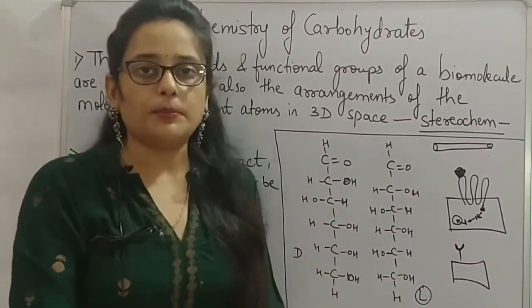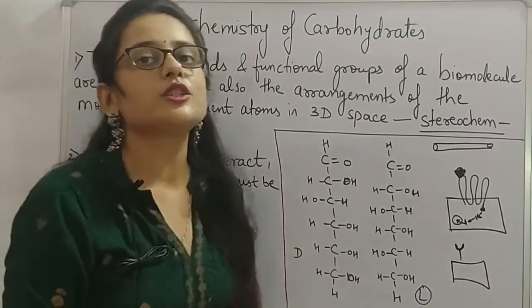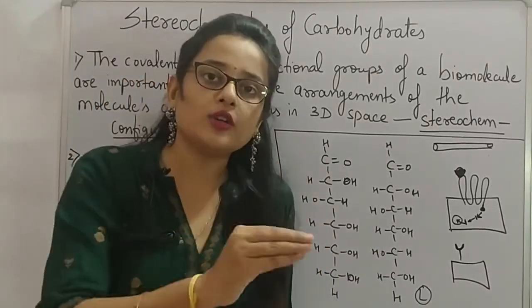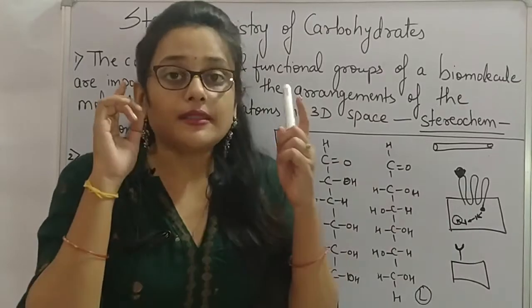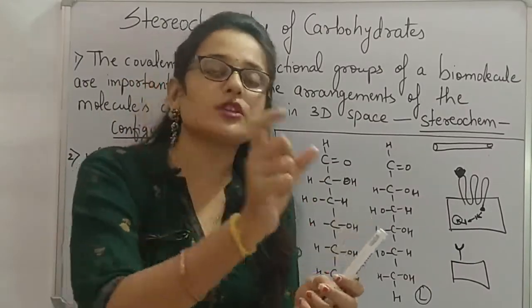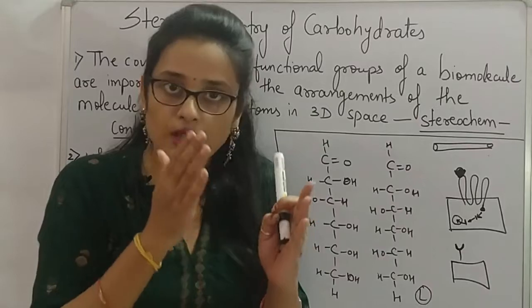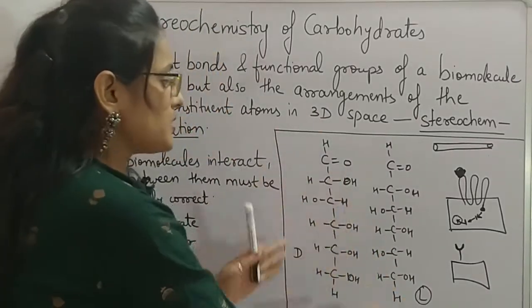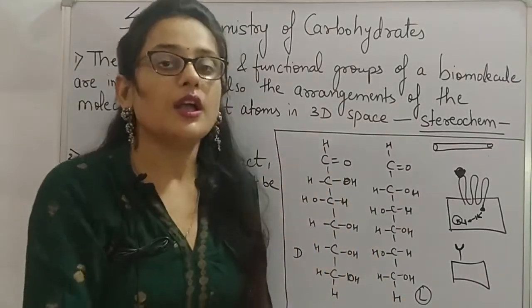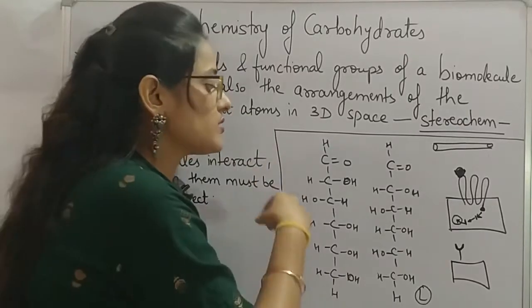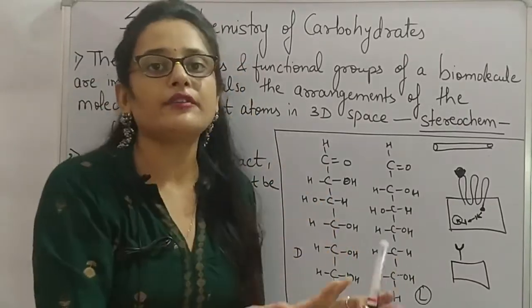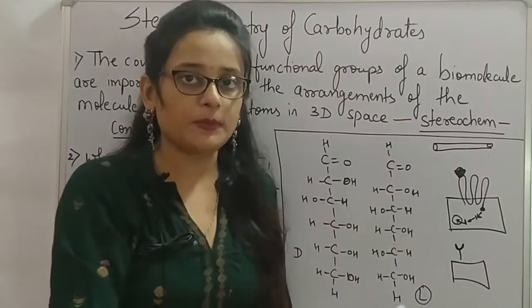Suppose there is a disease in a person where D-glucose is not synthesized properly. So we will supply D-glucose in the form of medicine. When we supply D-glucose in the form of medicine, we must be very particular about the three-dimensional arrangement of the constituent atoms. We will only supply D-glucose. If we supply L-glucose, then that problem will not be solved.